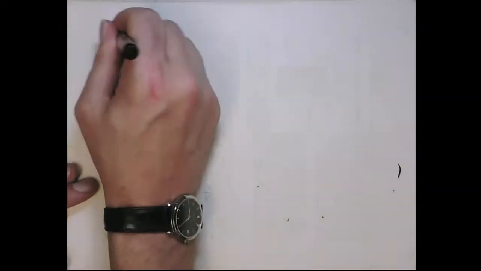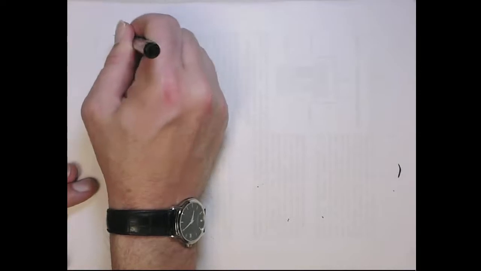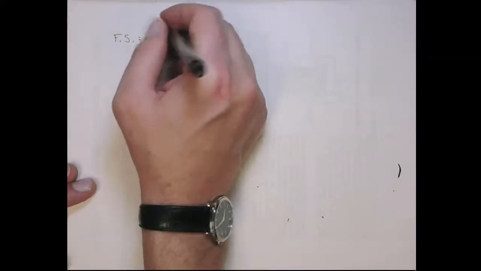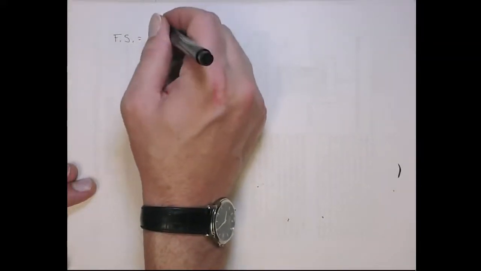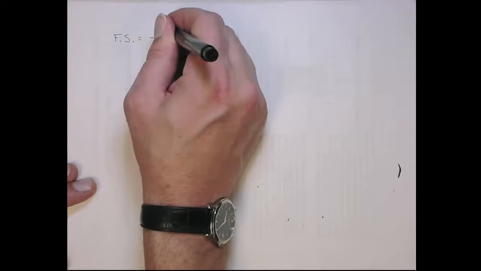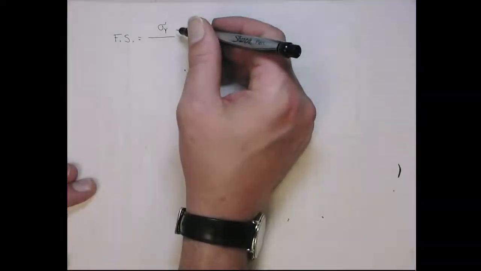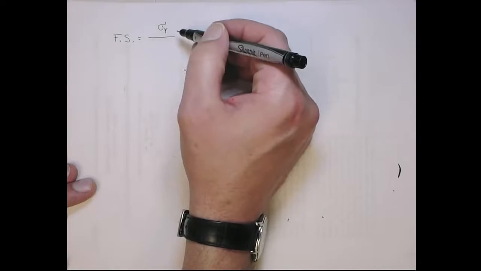So the way the factor of safety goes is, the factor of safety is defined as the theoretically maximal stress, the yield stress in this case, because we're designing to yield. You can also do factor of safety to failure, and then it would be the failure strength, which would be more.